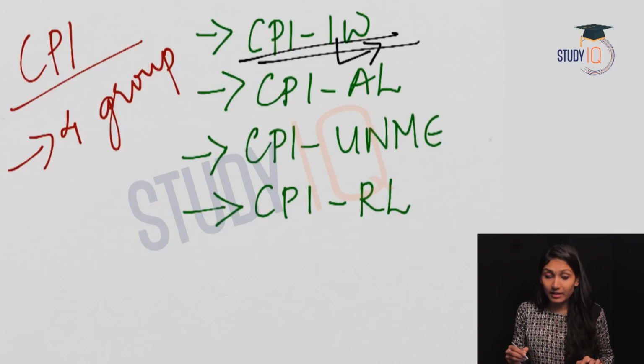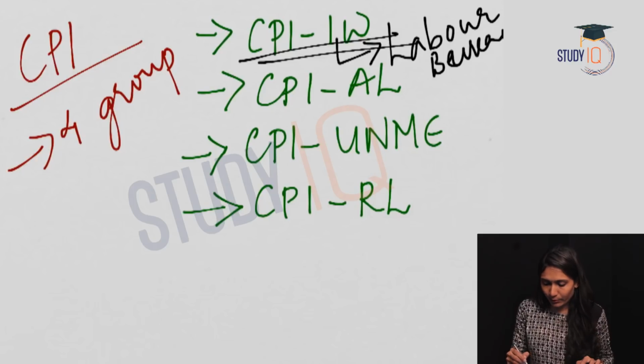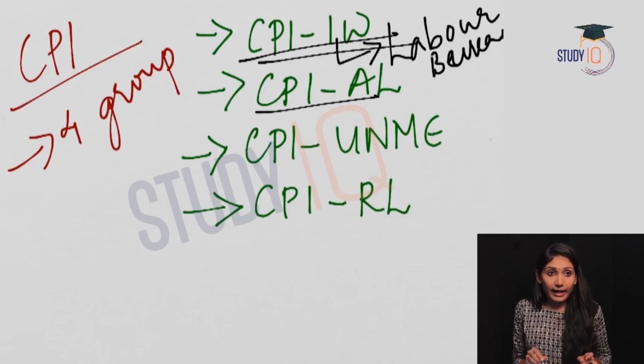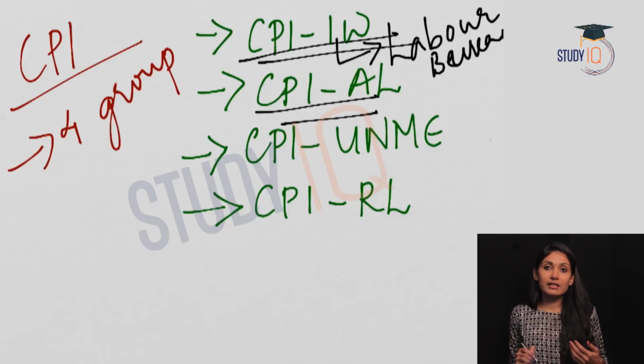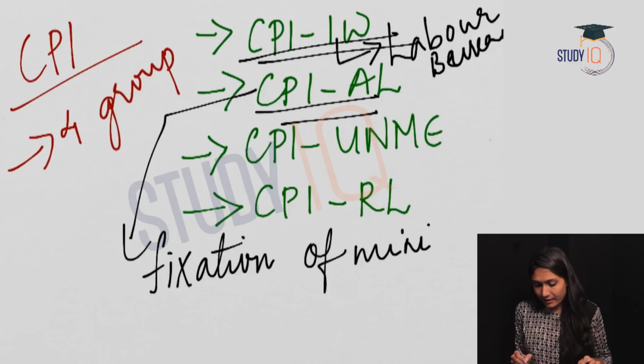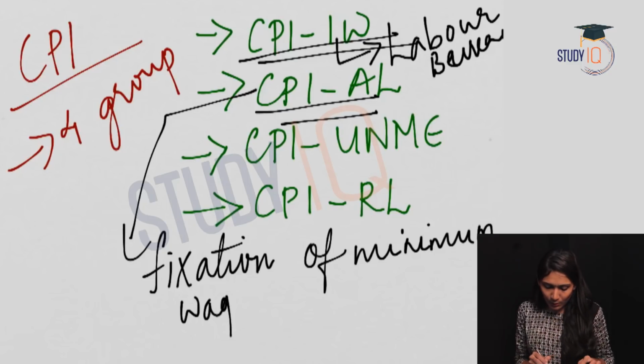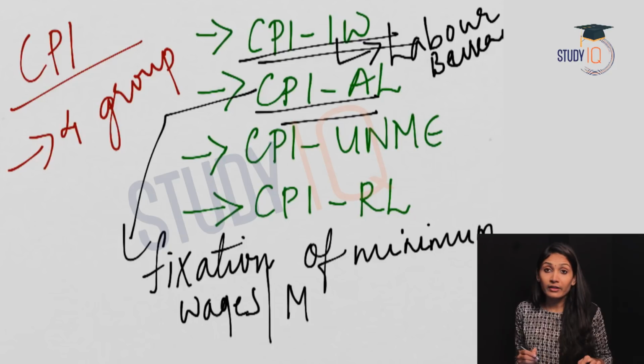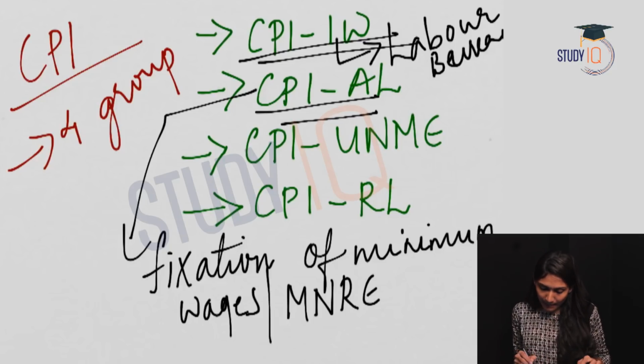This is estimated by the Labor Bureau. CPI for agricultural laborers. So, CPI for agricultural laborers is used for the fixation of minimum wages by various states. And this is also used for the fixation of wages in Mahatma Gandhi National Rural Employment Guarantee Act, MNREGA.